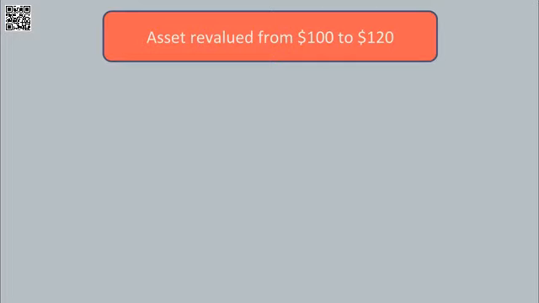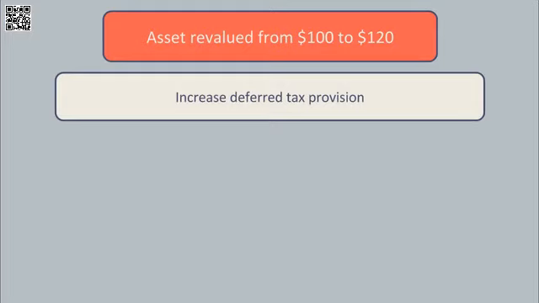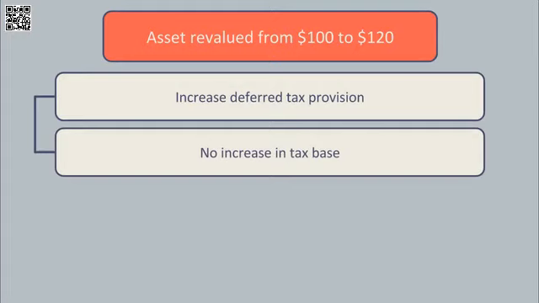It stands to reason that if we revalued an asset from 100 up to 120, we are now saying that the asset would be capable of generating 120 of cash, and therefore we would have to increase the deferred tax provision by the amount of the revaluation. There would be no corresponding increase in the tax base.